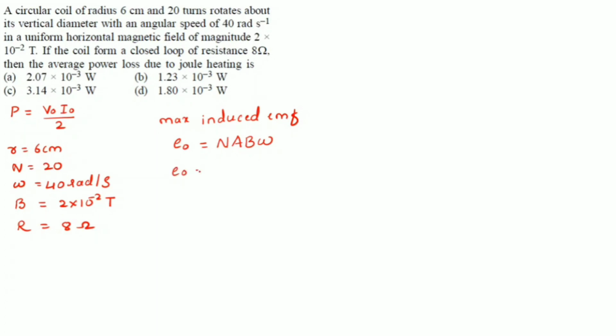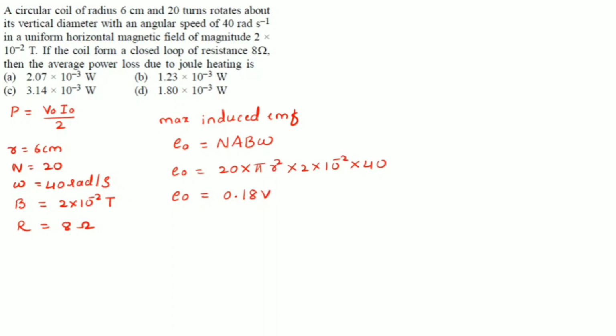So E naught equal to number of turns is given 20 into area. So area of the circular coil is equal to area of circle, that is pi r square, into magnetic field is 2 into 10 raised to minus 2 and angular velocity is 40. So by calculating all these values we can get E naught equal to 0.18 volt.